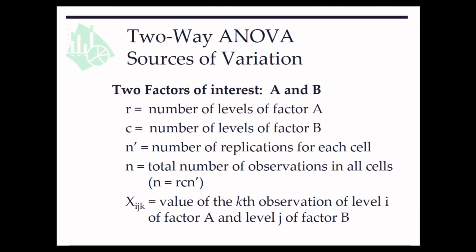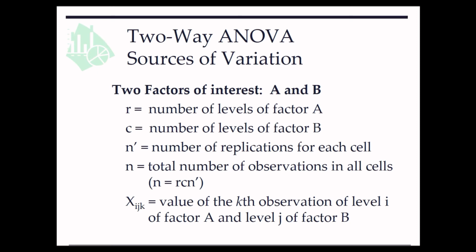That is, each combination of levels of the two factors, or n prime is the sample size. N is the total number of observations in all cells. So N equals R times C times n prime. So N is the total size of all the records in the samples.